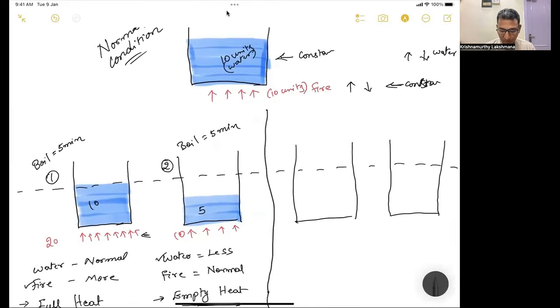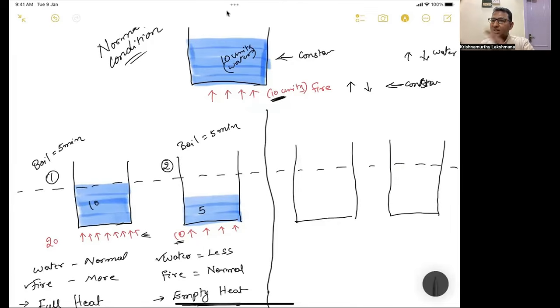Fire here, what is the normal? 10 units. So I am keeping the same normal, 10 units here also. But we have taken 5 units of water. Yeah, that is the change. Something should change. So here I have changed the water. In the first situation, I changed the fire. Oh, fire. Okay, sir. Got it now. Thank you.